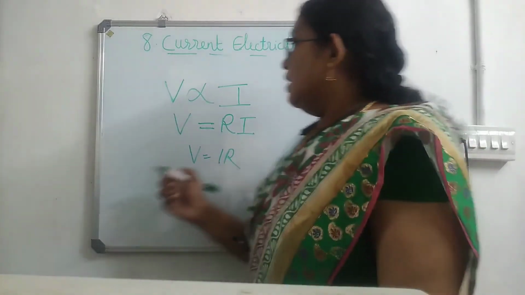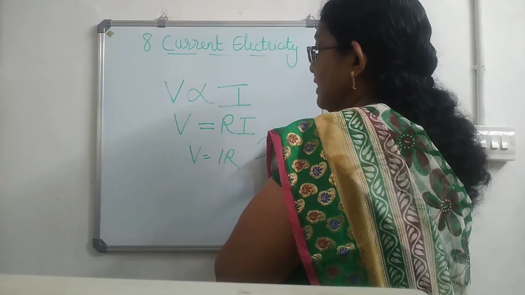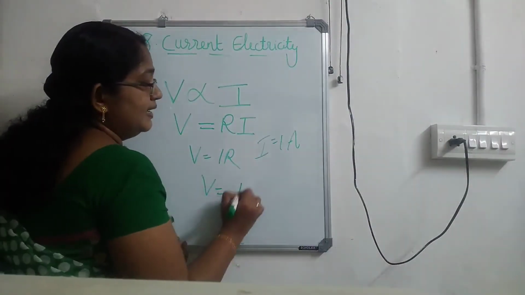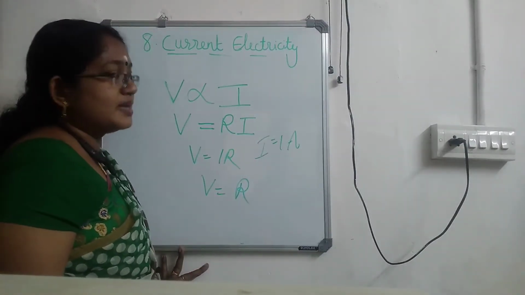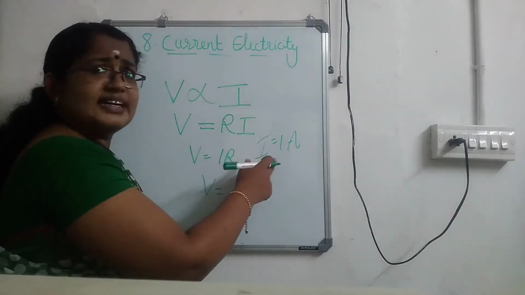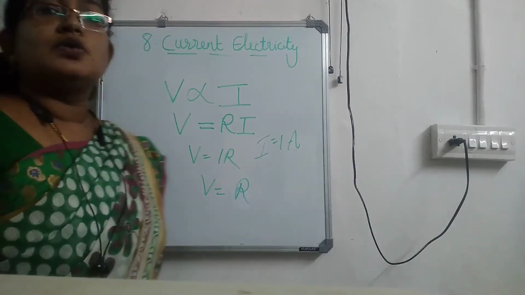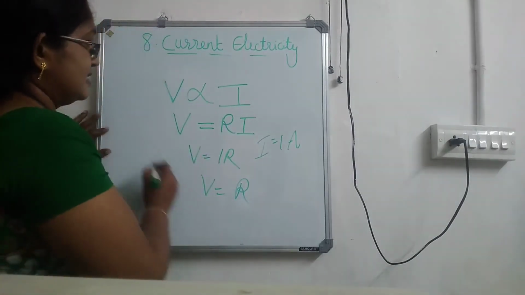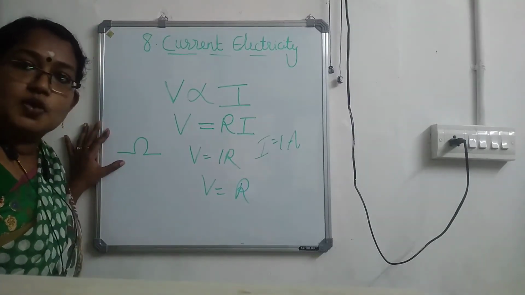Now, if I is equal to 1 ampere, then V will be equal to R. That is, potential difference will be equal to resistance when the current flowing through it is 1 ampere. Now, about the unit for resistance. Ohm is the unit, and this is the symbol for ohm.